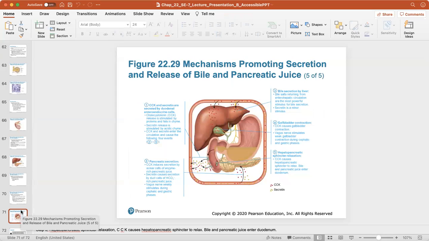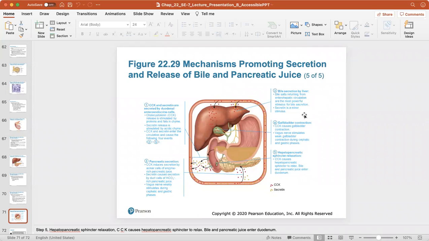So here's a look at the mechanisms promoting secretion and release of bile and pancreatic juices. CCK and secretin are secreted by the duodenal enteroendocrine cells. For pancreatic secretion, we have CCK, secretin, and the vagus nerve, all controlling the secretions of these digestive juices. Bile secretion by the liver: bile salts return from the enterohepatic circulation.